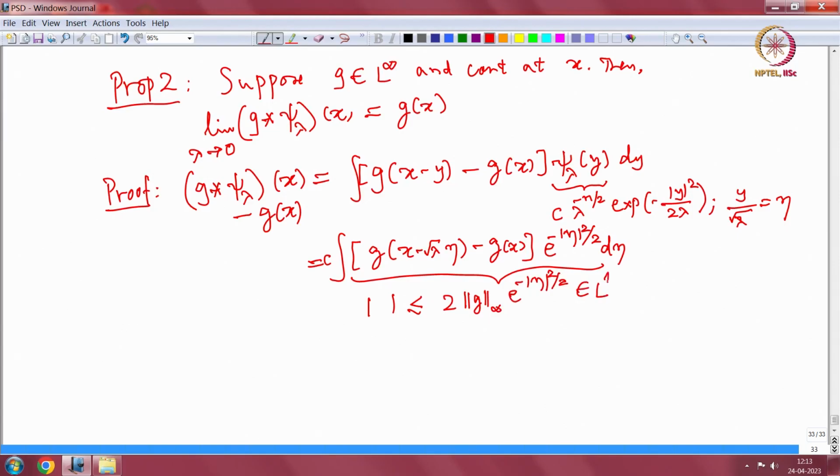And the integrand tends to 0 as lambda tends to 0, by continuity of g at x. These are the hypotheses. So again you just use the dominated convergence theorem.